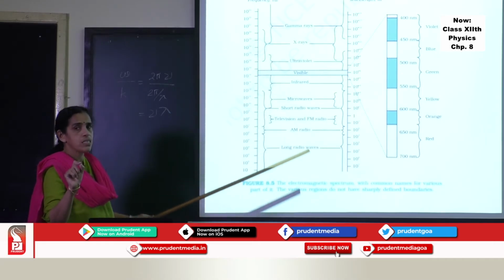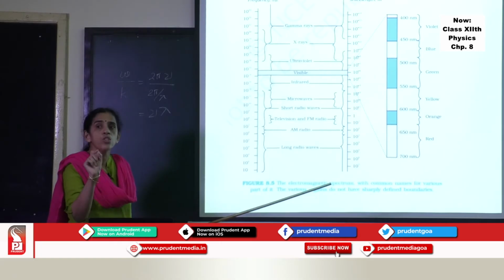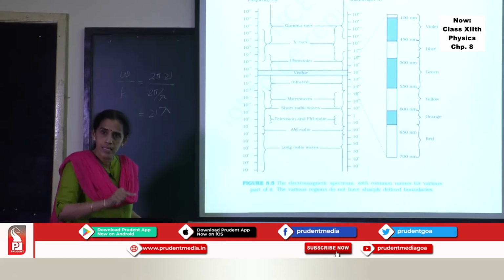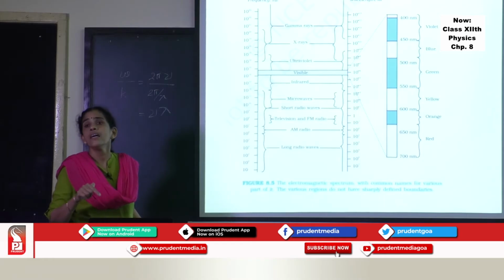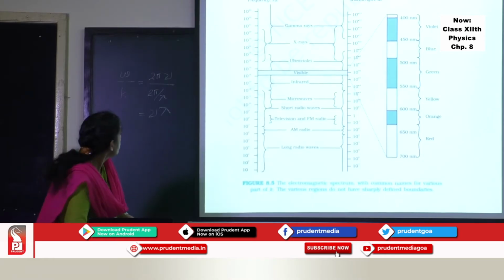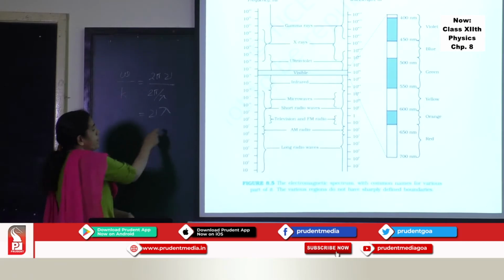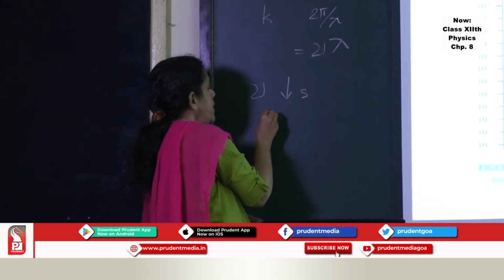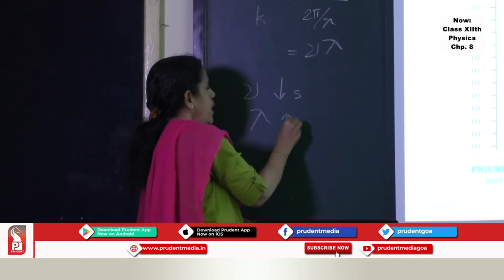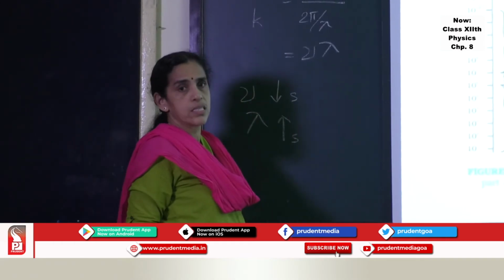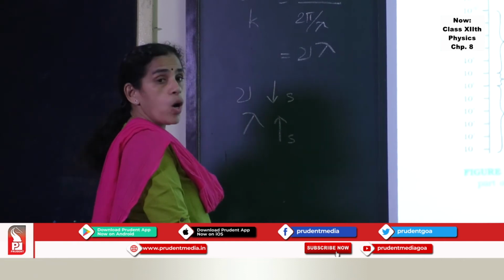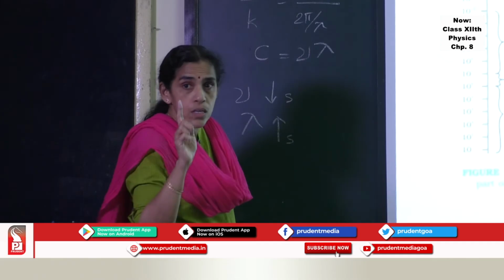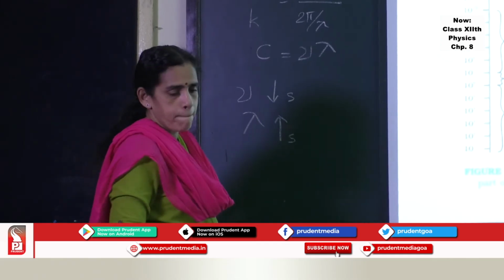You remember the relationship? C is equal to nu lambda. When frequency decreases, lambda increases. Always remember this, nu lambda: frequency decreases, lambda increases. Why? Because C is a constant.